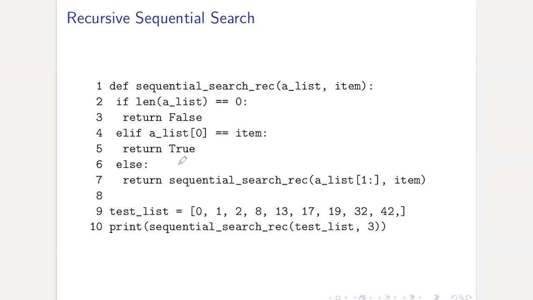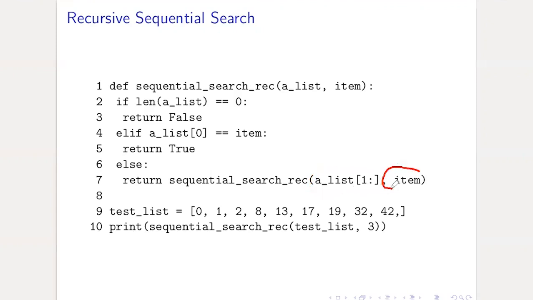Otherwise, we will be making a recursive call to the same function, and what we do is we are sending the list except the first item now. The item at index 0 we have already tested, so now we are sending the rest of the list for checking.